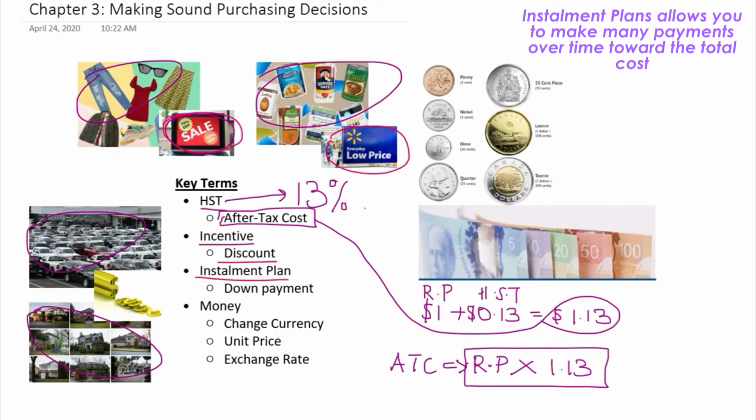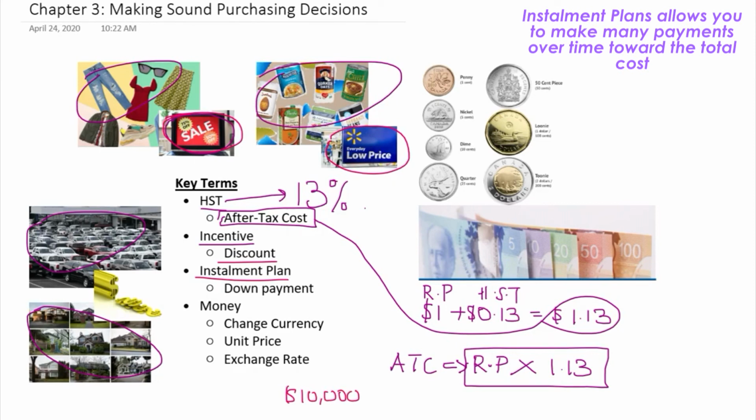For example, if it's a car and the car is worth, let's say, $10,000 cash, some people will pay the $10,000 cash.